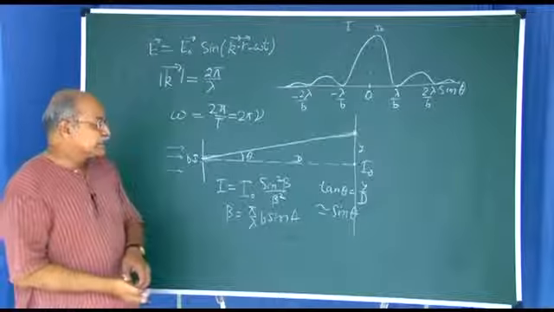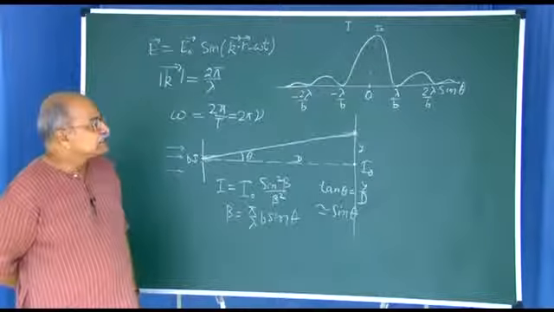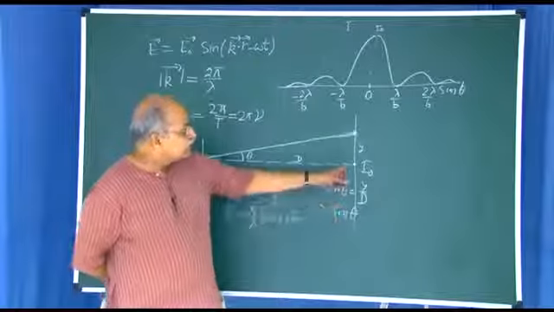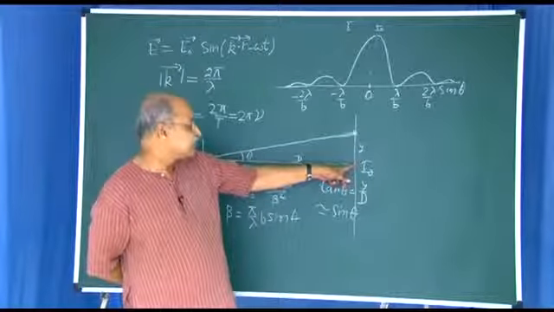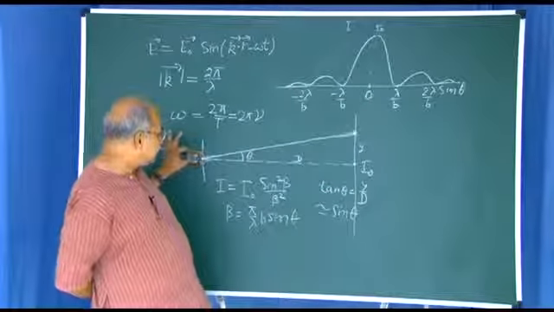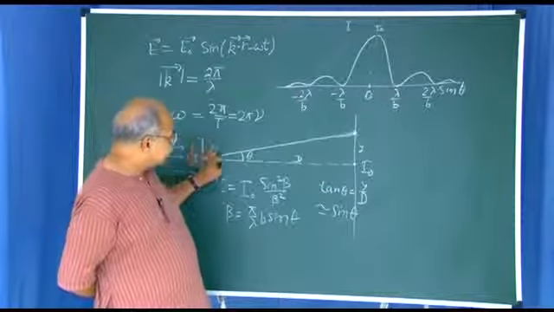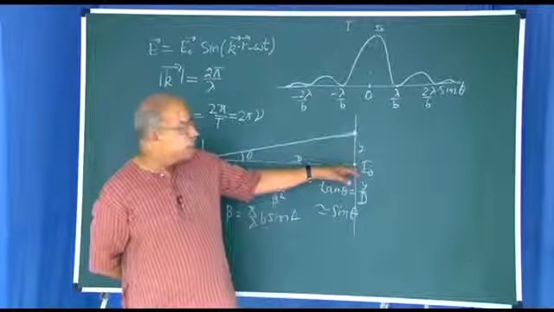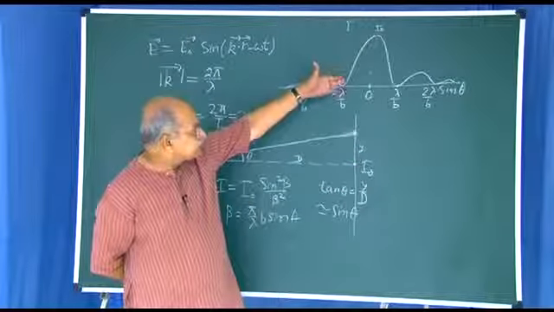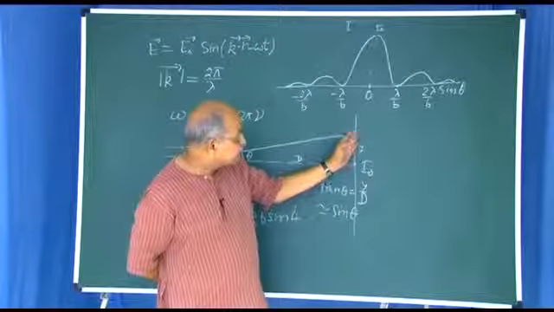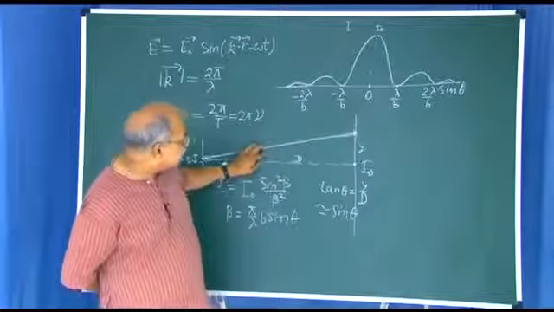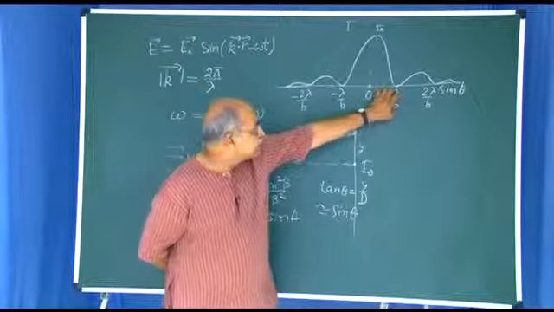So, what does it say? It says that right at the center the intensity is very high, which one expects. You have an opening and the light is going through, and right at the center the intensity is high. Then the intensity decreases and becomes 0 at certain places on this screen where theta satisfies sine theta equal to lambda by b.